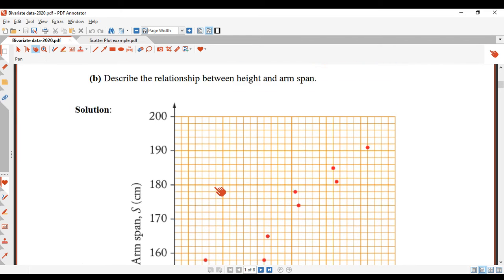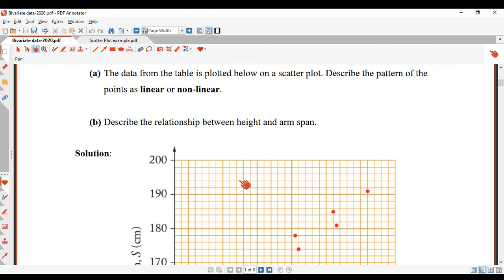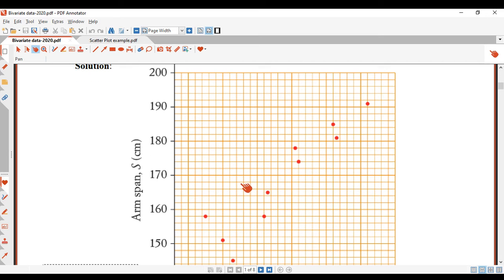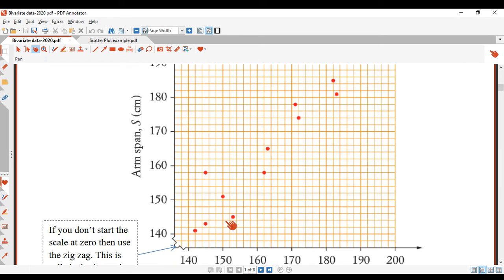All right, now we've got to describe this relationship as linear or non-linear. Now, linear means straight line and non-linear means not a straight line. So if we get a straight line and draw that roughly, so I've got maybe half the points above, half the points below, we could say that these points approximately follow a straight line.